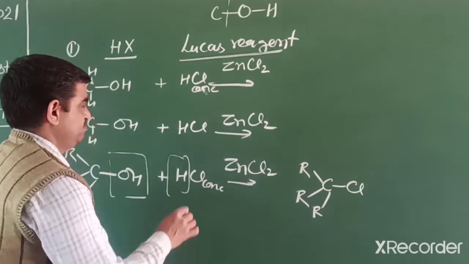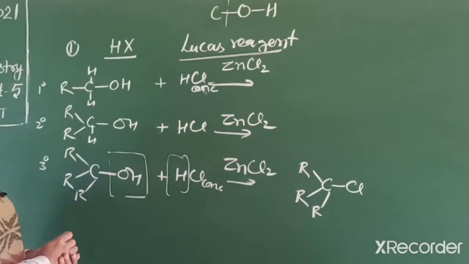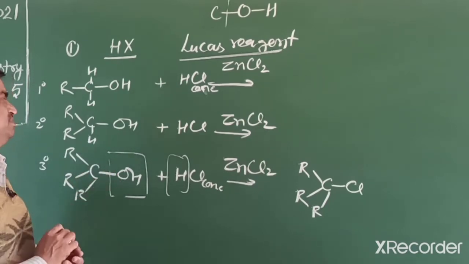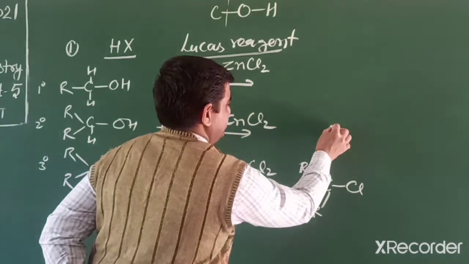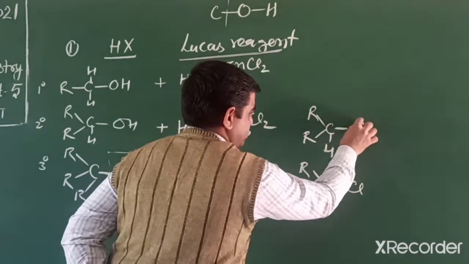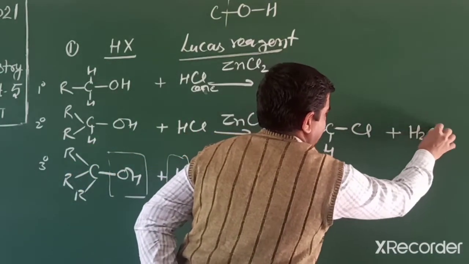When Lucas reagent, concentrated HCl and zinc chloride, reacts with secondary alcohol, then this reaction takes some time, means after 5 minutes we get turbidity. After 5 minutes it converts to the corresponding chloride with water formation.